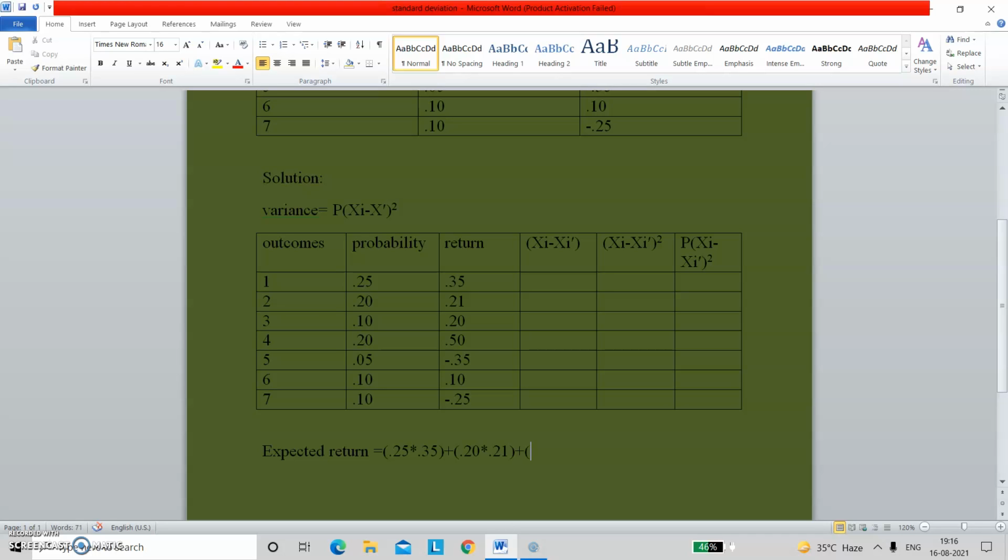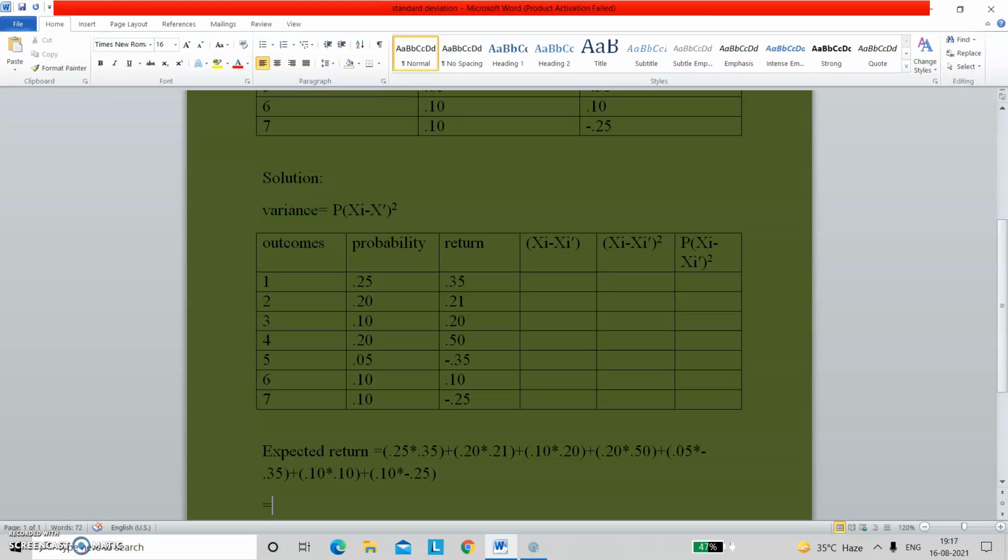Then 0.10 into 0.20, fine. Then the fourth is 0.20 into 0.50, right? Fifth is 0.05 multiplied by minus 0.35. Sixth is 0.10 into 0.10 and last is 0.10 into minus 0.25, right?